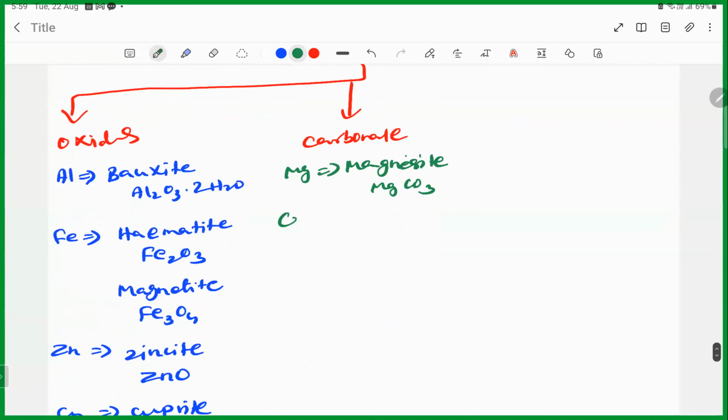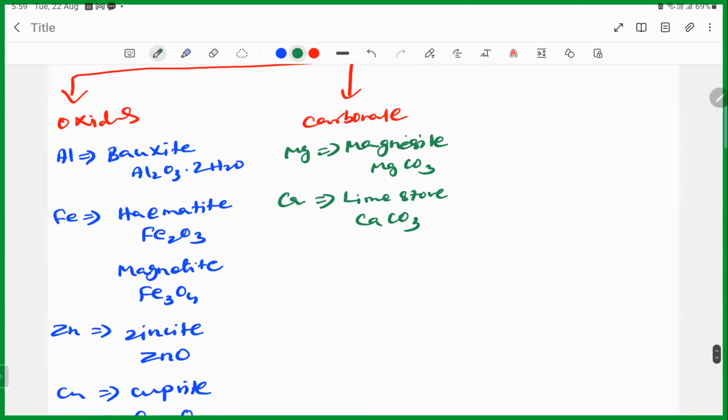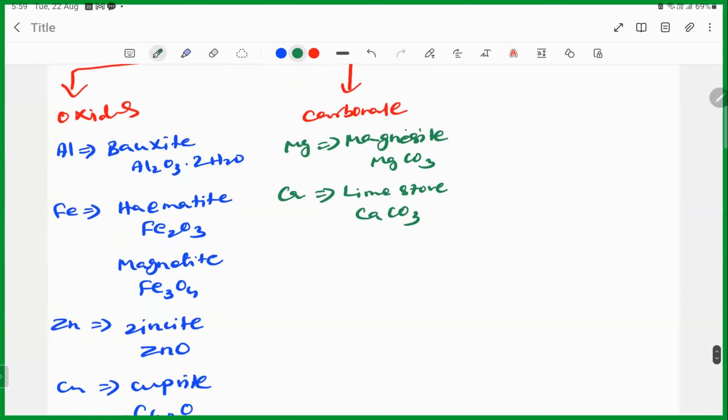And then calcium which is obtained as limestone, calcium carbonate. And then copper, which is obtained as malachite. So that malachite green, this copper carbonate along with copper hydroxide, becomes the deep green color. So they are known as malachite green. Okay, these are the carbonates.